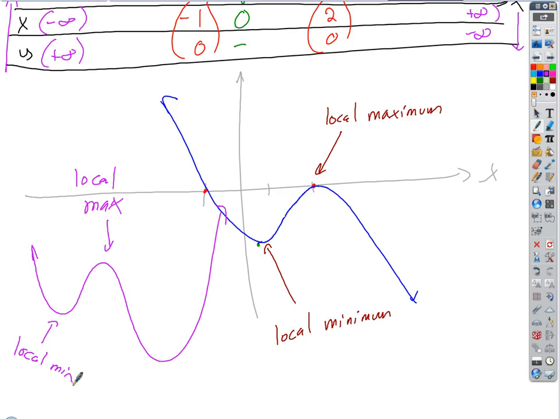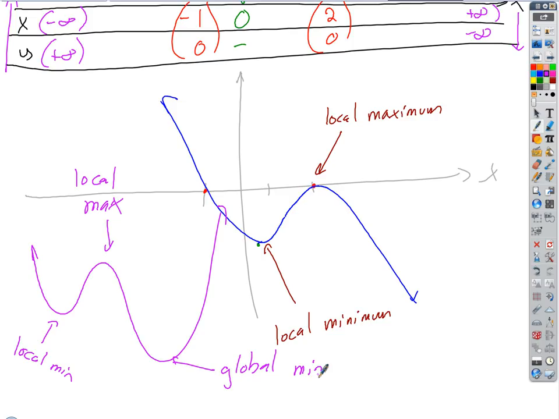We could say that this one is special. This one is going to be what we call a global minimum. How come? Okay, because it is the lowest point anywhere on the graph. Agreed? An ant could stand here and say, I am at the lowest point, period. There's no other point anywhere on this graph that's lower because the end behavior goes up, right? Does that make sense? Okay, I think you got it.